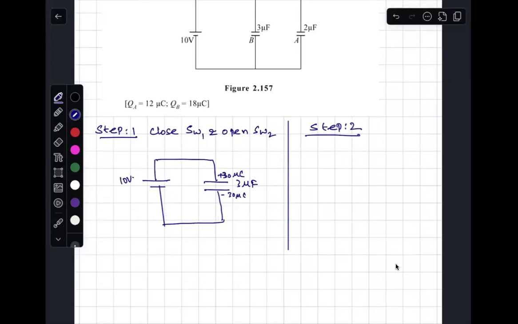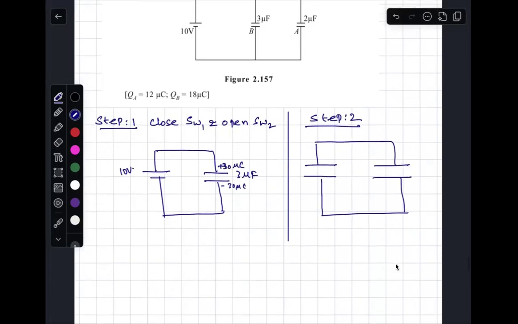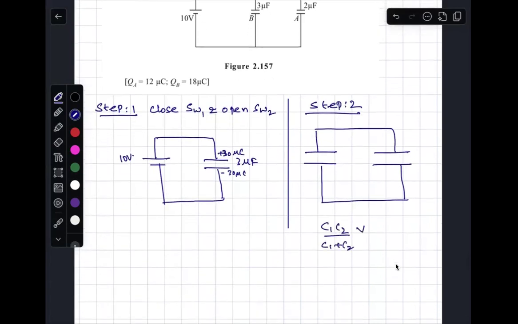What is step 2? Now the question is sharing of charge. Right? Finally, what is the charge transferred? Tell me. Yesterday I have given the relation: C1 C2 by C1 plus C2 into V. You remember this?